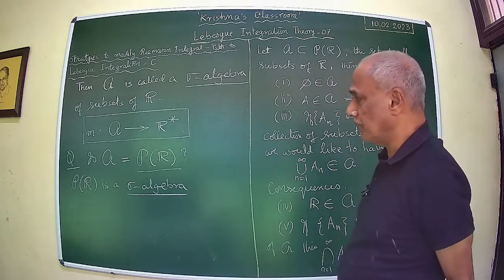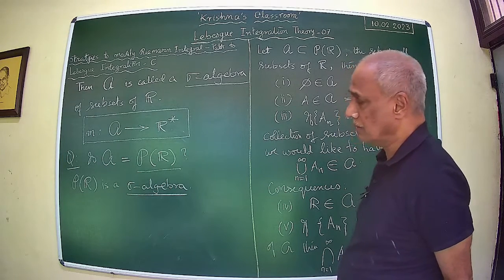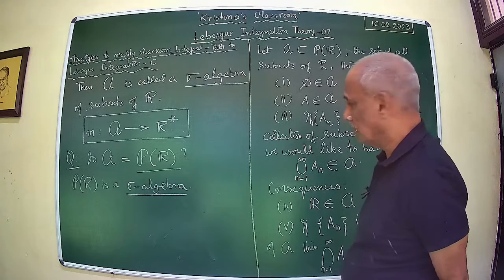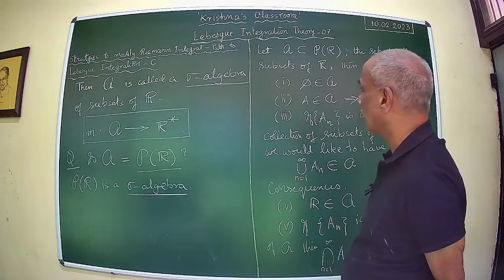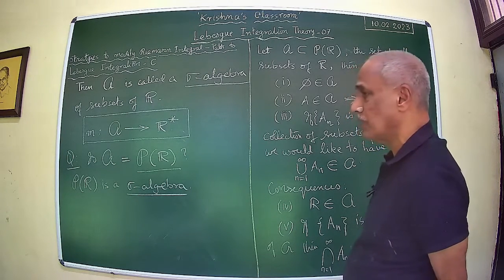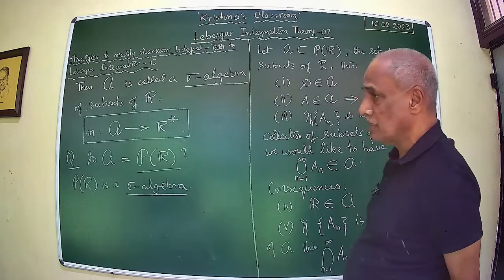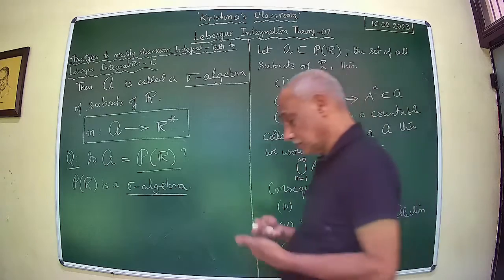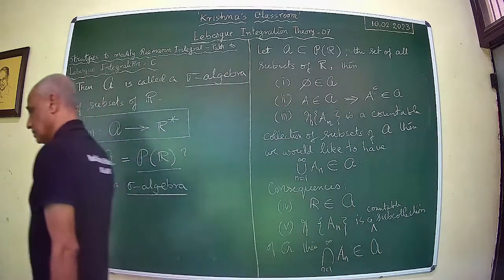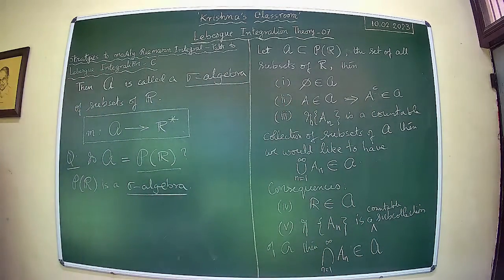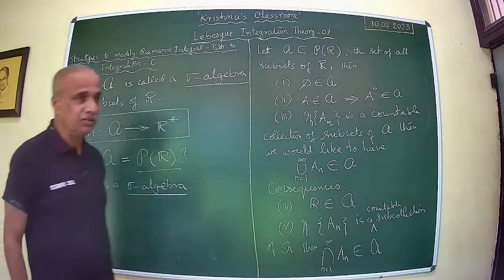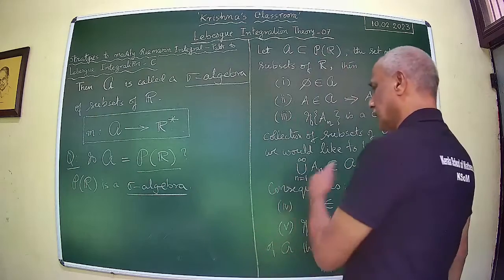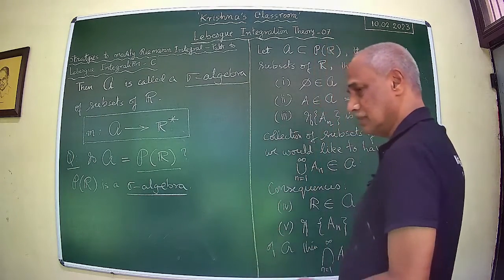If we are taking PR as a sigma algebra, there is a restriction that we posed, namely that if you have a countable collection of subsets which are disjoint, the measure of the union should be equal to the sum of the measures of the sets.